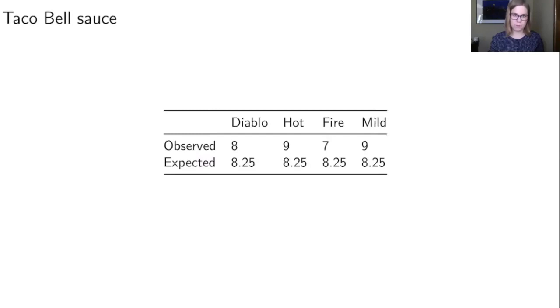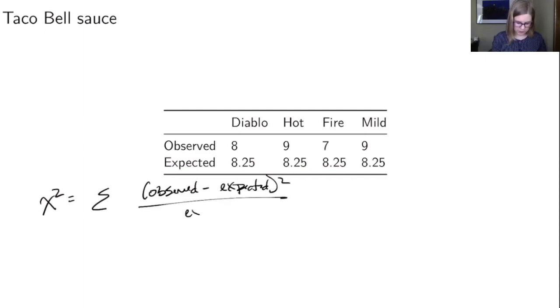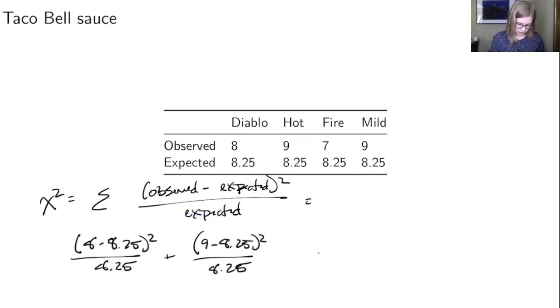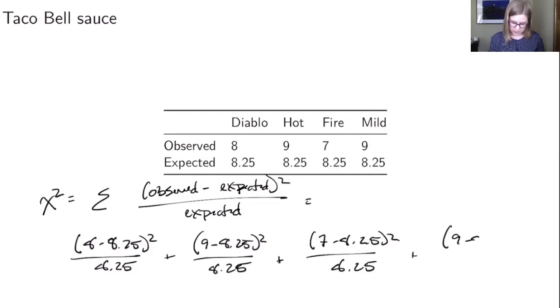So let's think about that for this Taco Bell sauce example. So I've got chi-squared is equal to the sum of the observed minus the expected squared over the expected. And that's going to be equal to 8 minus 8.25 squared over 8.25 plus 9 minus 8.25 squared over 8.25 plus 7 minus 8.25 squared over 8.25 plus 9 minus 8.25 squared over 8.25.